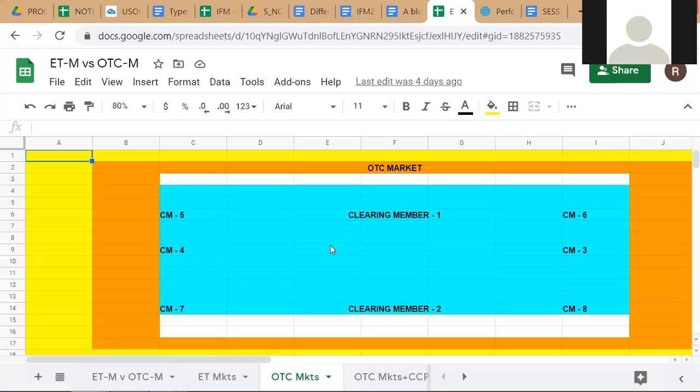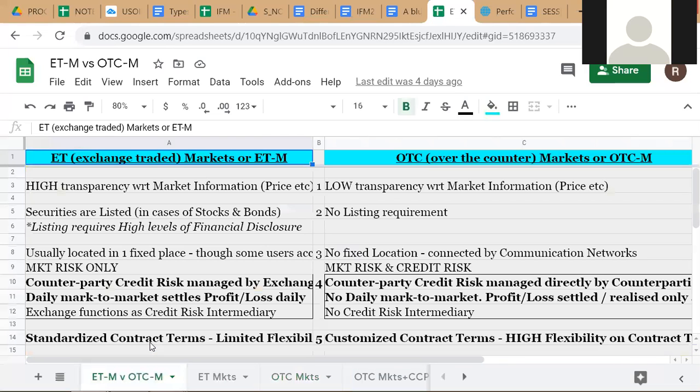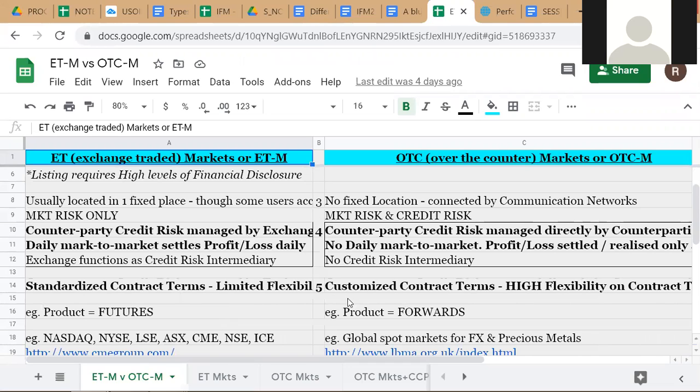Okay, so now, and then of course there's the other important distinction of the standardization of products versus non-standardization of products, which we can go back to this sheet here. The two main differences are how counterparty credit risk is managed, and the contract terms, whether they are customized or standardized.